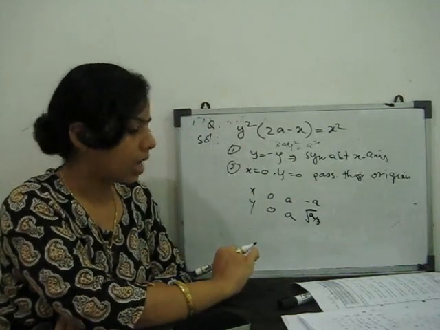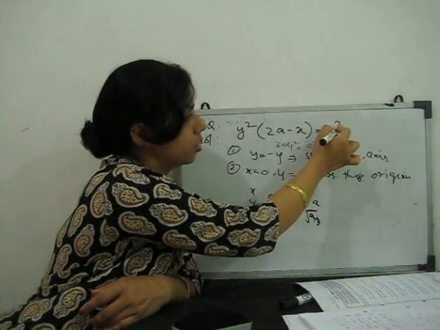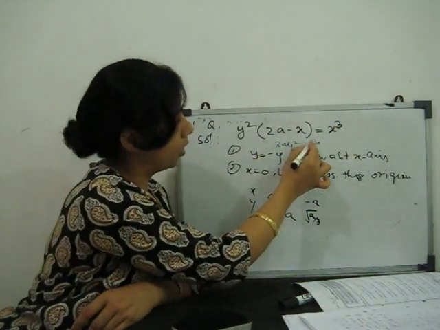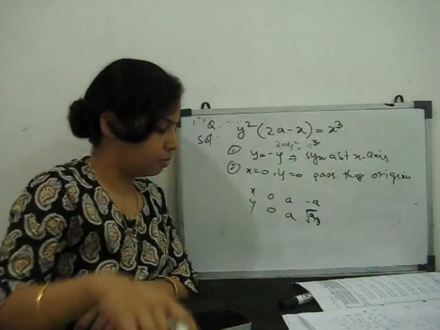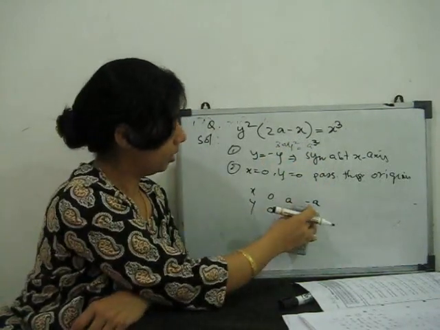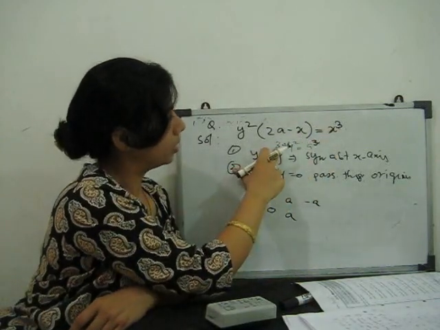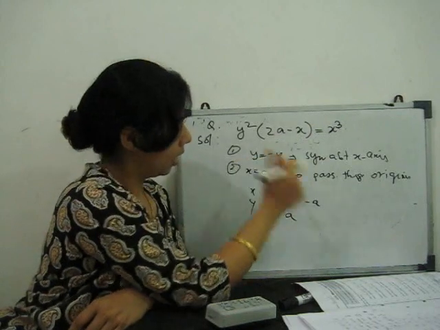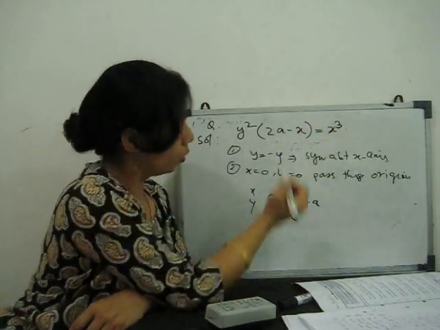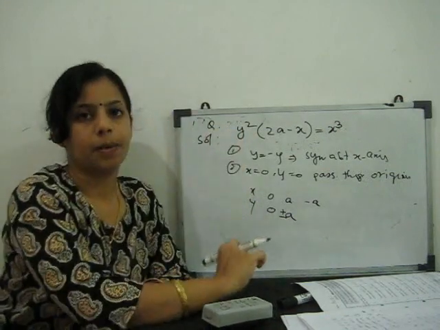Oh sorry, that's right, this is x cube. So a cube, a cancels. Again, if a x cube, then we can check at a this is y square is equal to a square, means at a this gives plus minus a.